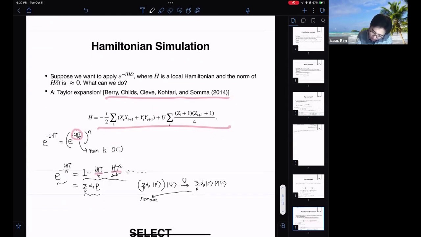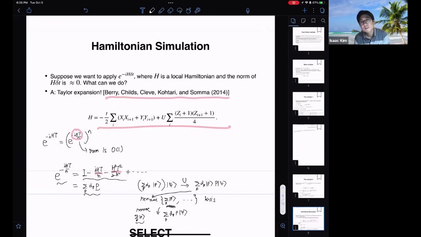We measure in this basis. This is the uniform superposition state, and the other elements of the basis are orthogonal to this state. If you measure this uniform superposition state, then what you end up having is this state.